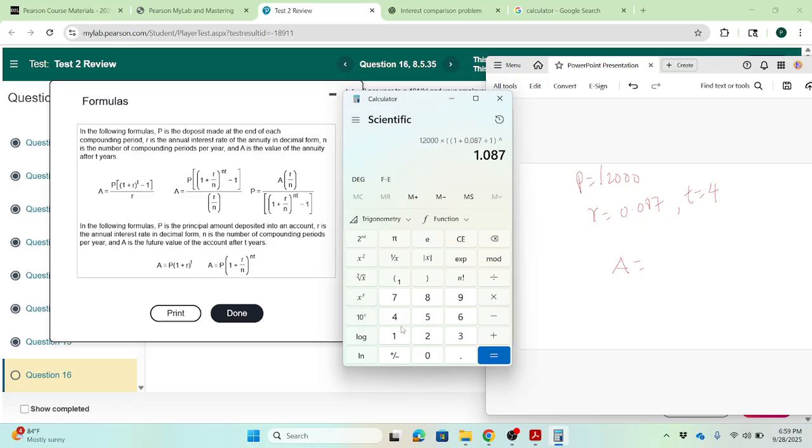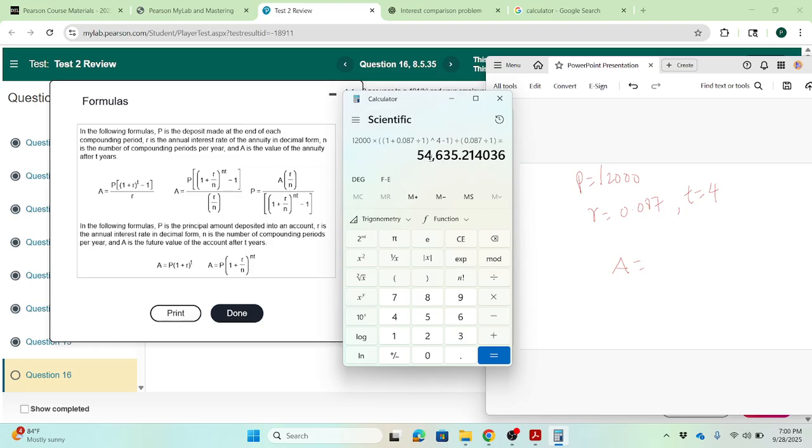Take power 4 of that, and minus 1, parenthesis close. I calculated this top part. Now I'm going to divide this by the bottom part, which is the rate 0.087, divided by 1 because it's annually, and then hit enter.